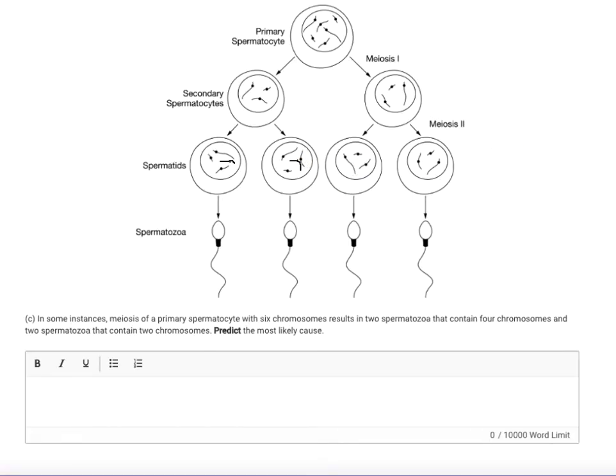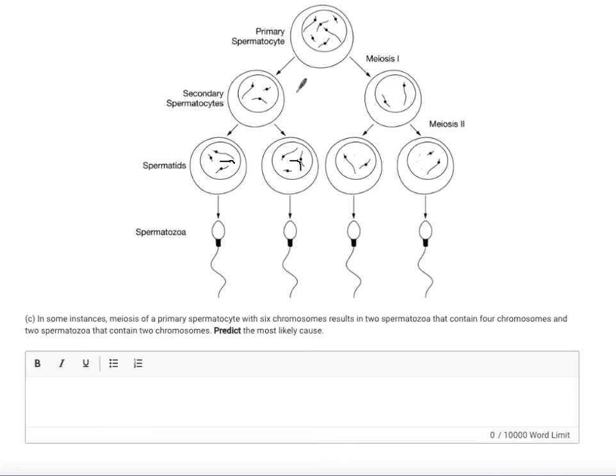And then here, you were missing one of these. So if you're missing one of these, then this would have to be gone too, because these are just sister chromatids that are going to split there.